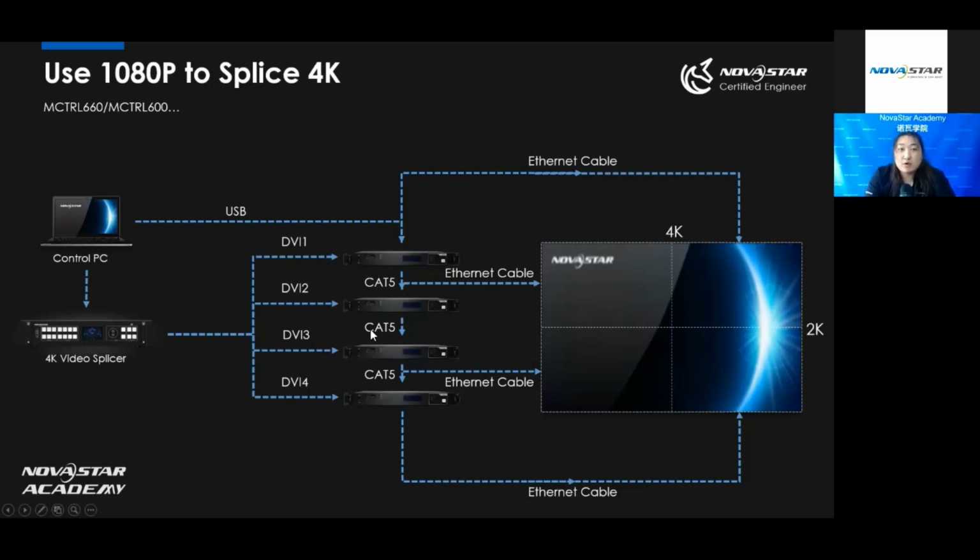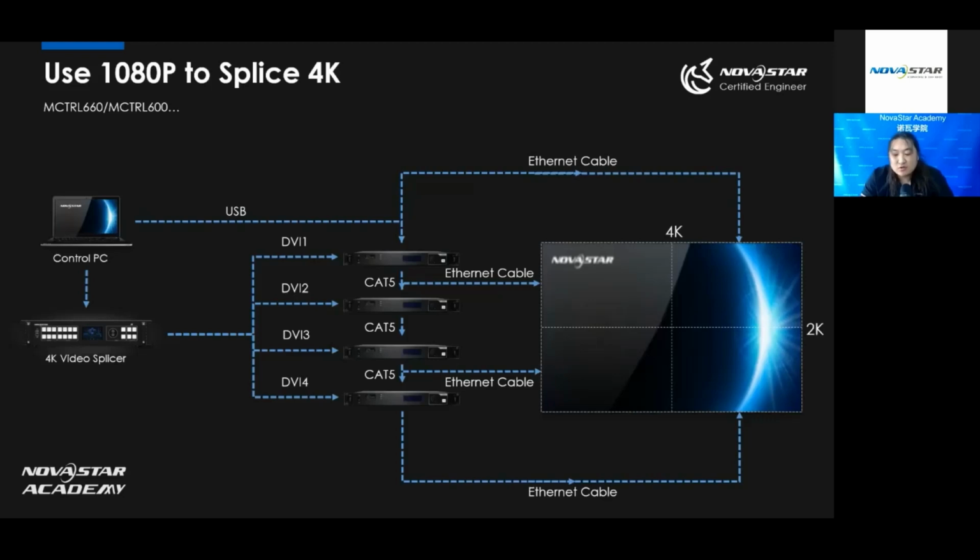So that's a really important part. We could just use a computer, a video splicer, and the pure sending cards here to mosaic a 4K by 2K screen. So this is the diagram.